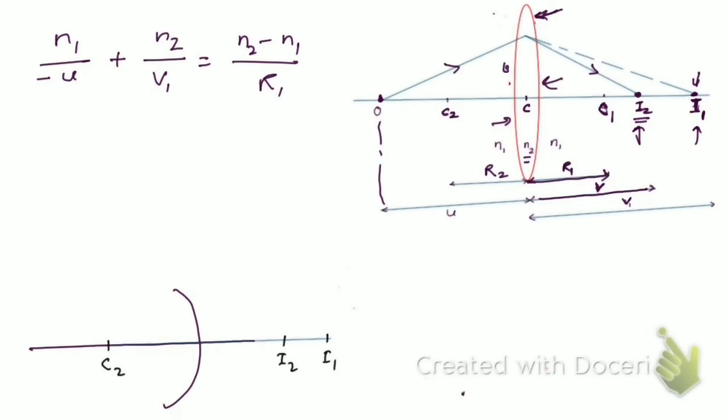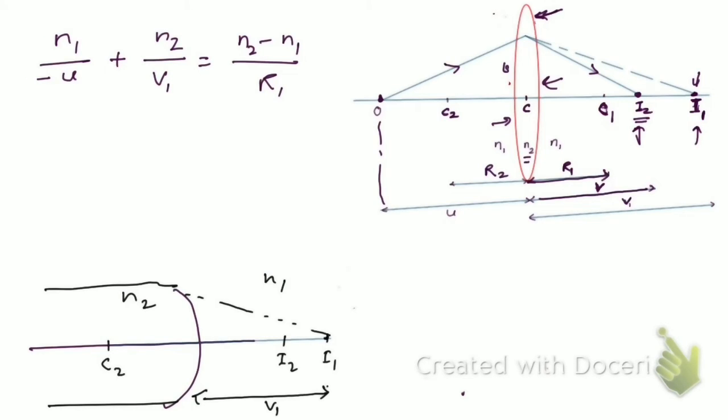Okay, so now here you see, I2 is the partial image for this surface. So here it is v1. V1 will be the image distance for this surface. Okay, this is the medium of refractive index n2, and here n1, and I1 is the actual image here.